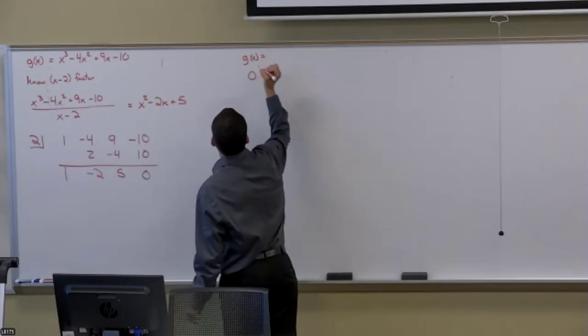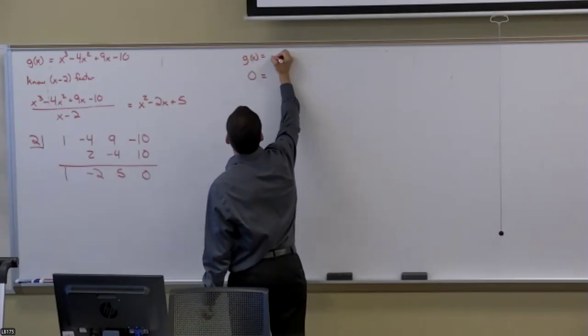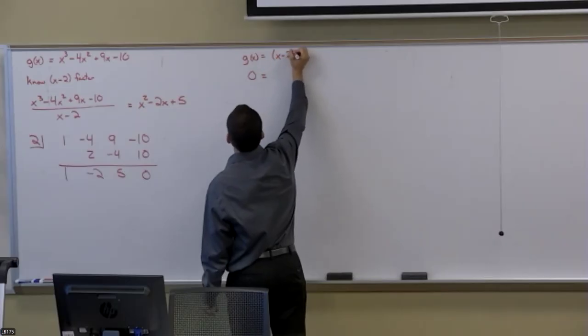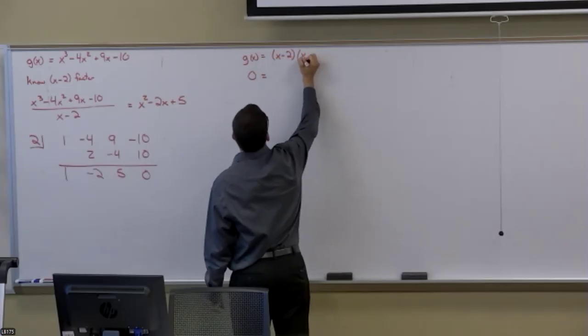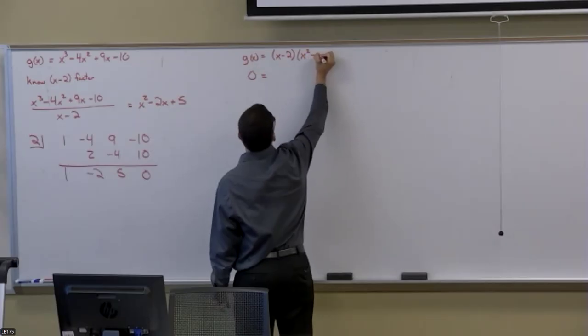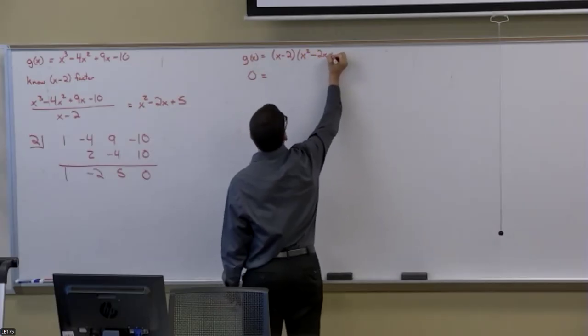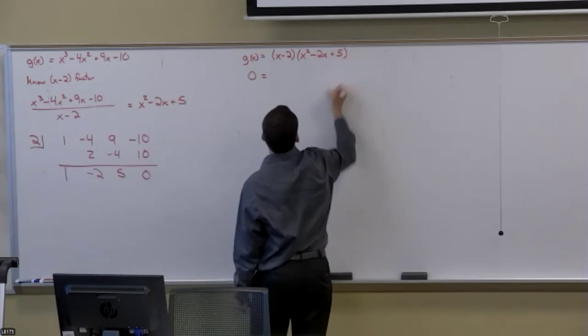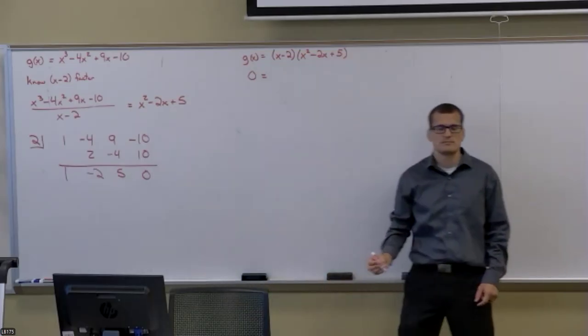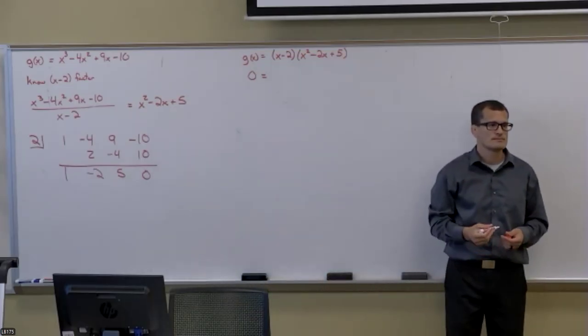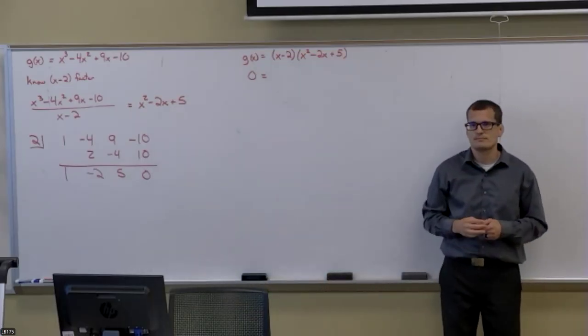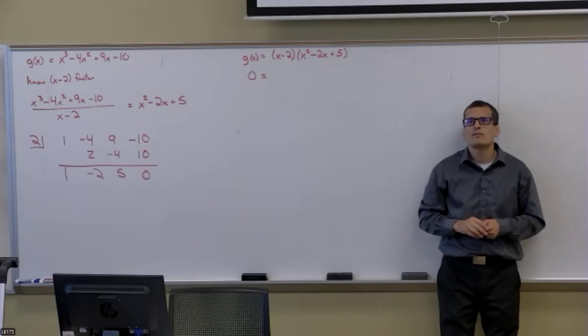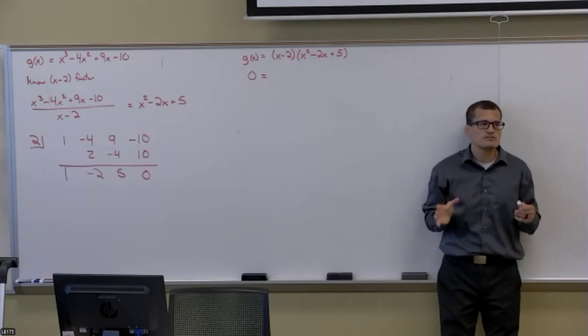So I know that my function can be rewritten as x minus 2 times the quadratic x squared minus 2x plus 5. Now my first step is going to be, can I factor that quadratic?